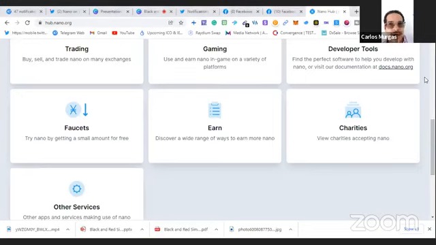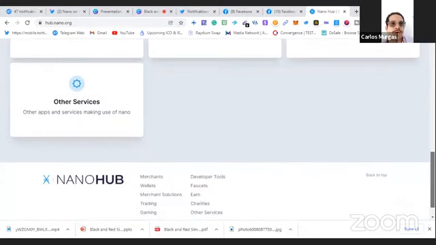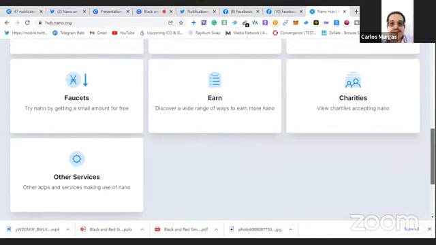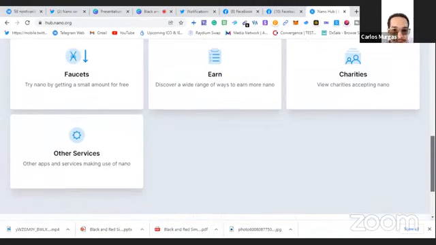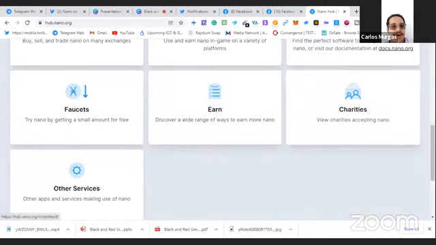And there is also the charities category. This is because Nano is a non-profit effort, and we are starting to reach out to nonprofits worldwide to encourage them to start using Nano. Also, there is another section with various kinds of services that we can find there, and you are free to explore this page, learn, and suggest new items to this hub.